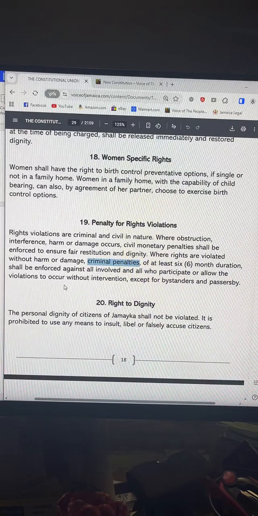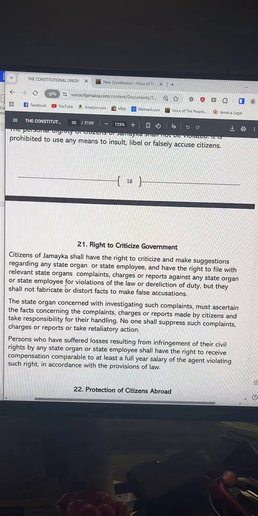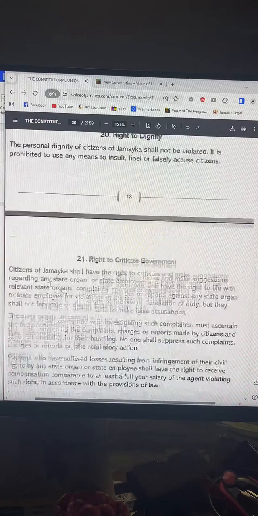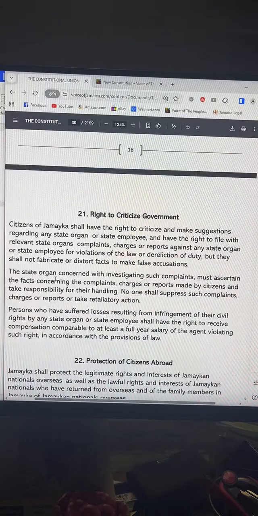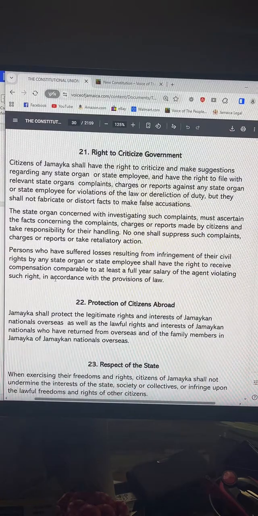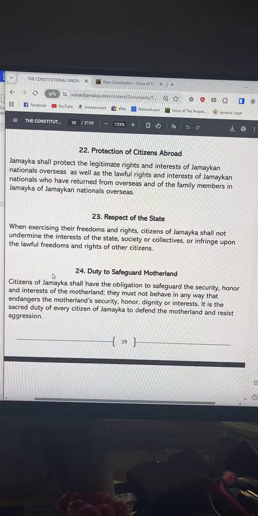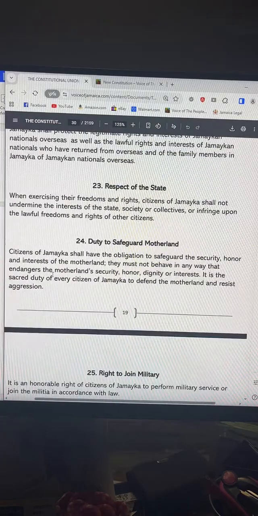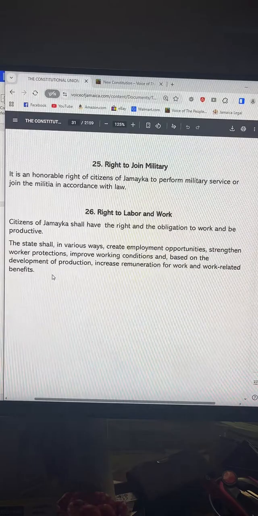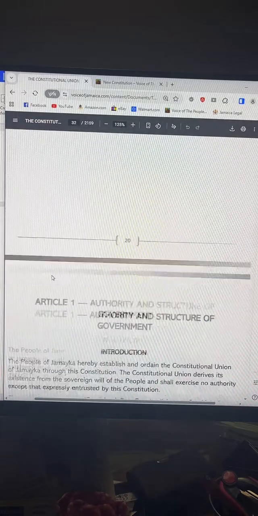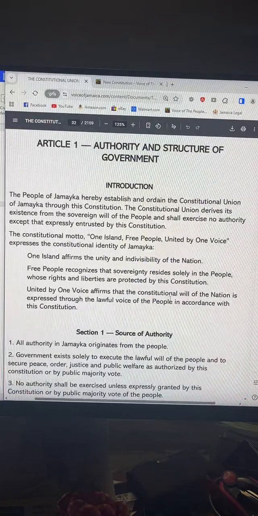And when we have these specific enumerated rights, there is no room for interpretation, because one of the other things that we did is that we have removed this room for interpretation when it comes to the court system.